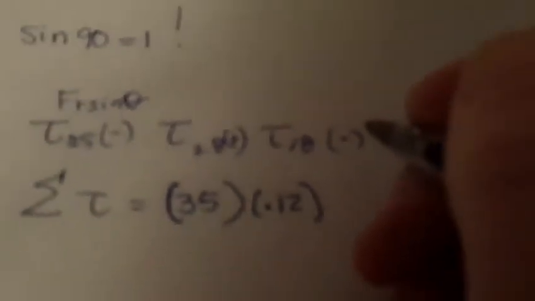The radius for the 35 Newton torque is 12 centimeters, which is 0.12 meters. Okay, don't forget to convert to meters. Okay, and it's negative, so I'm going to put a negative sign there. Sine 90, I'll put it on the end, but I know it's equal to 1, so I don't care about it.